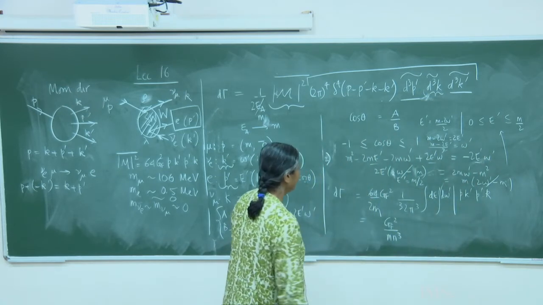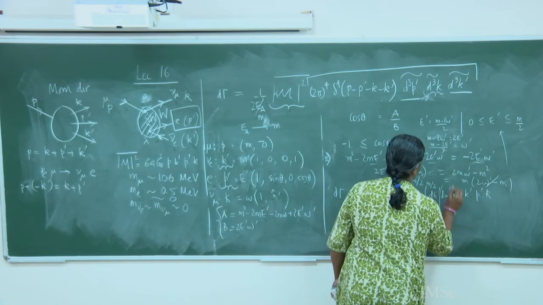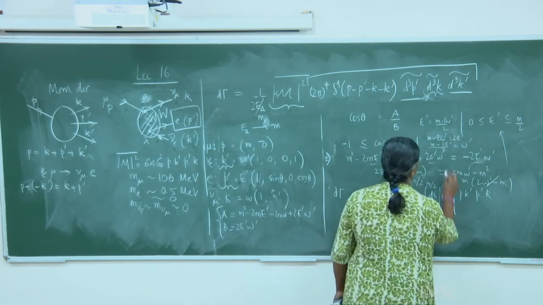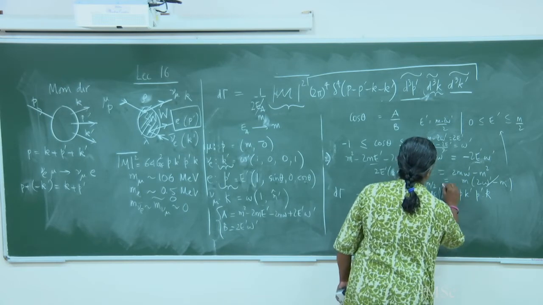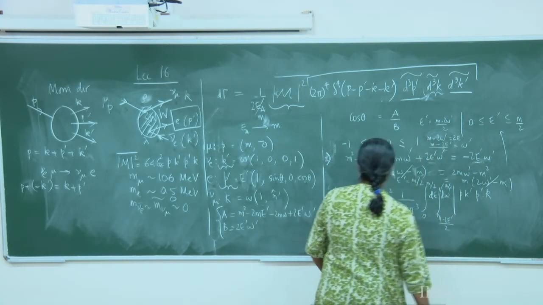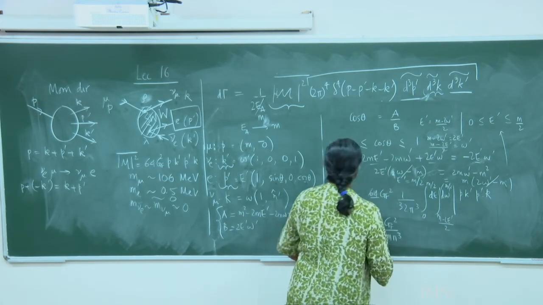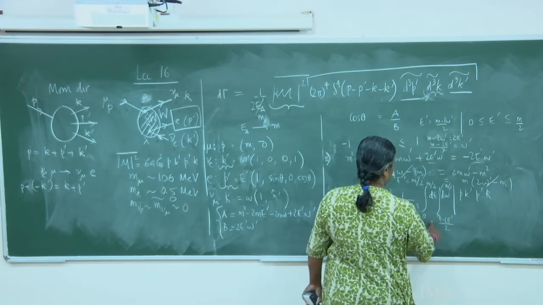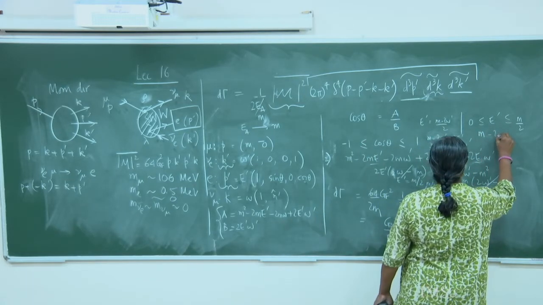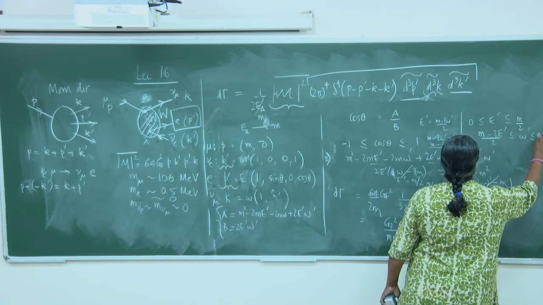So then I will integrate E from 0 to m by 2 and omega prime from m minus 2 E prime by 2 to m by 2. Sorry, can I write it again neatly? I will write it over here, the limits. The limits, so what was it? Here, m minus 2 E prime by 2 less than or equal to omega prime less than or equal to m by 2.